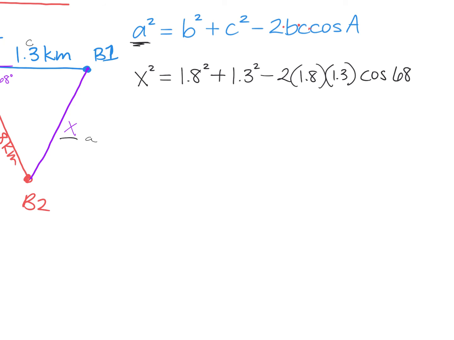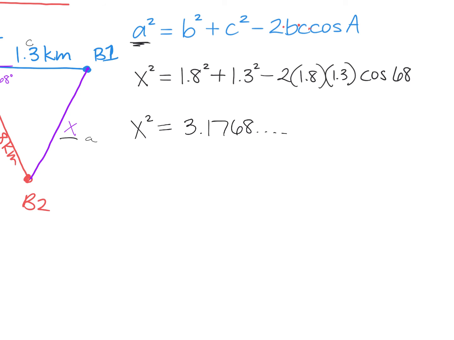Plug it into your calculator, right? Plug in 1.8 squared plus 1.3 squared minus 2 times 1.8 times 1.3 times the cosine of 68. And you get x squared equals 3.1768, so on and so forth.